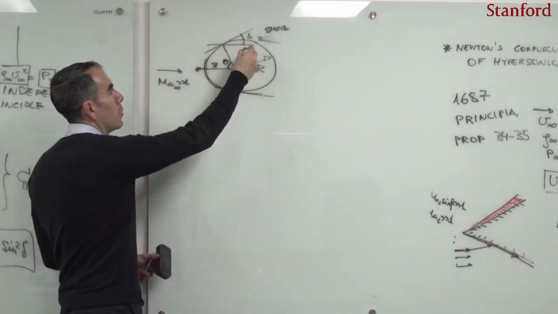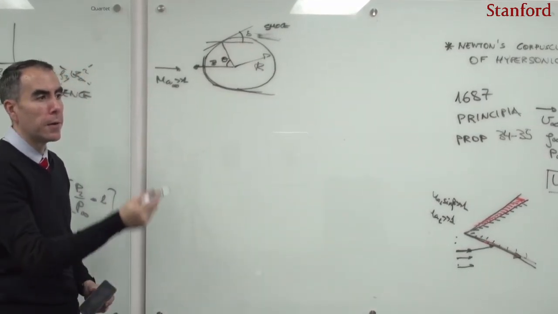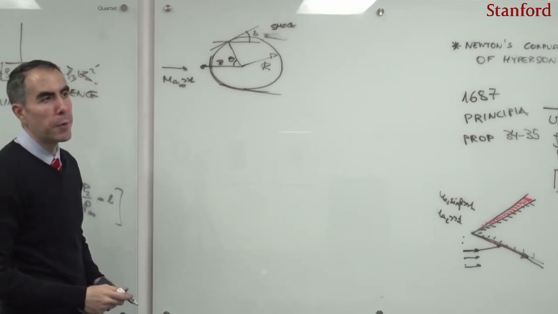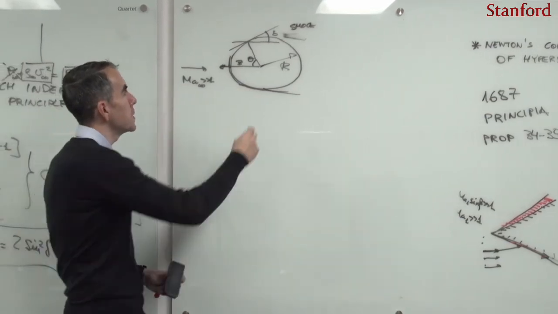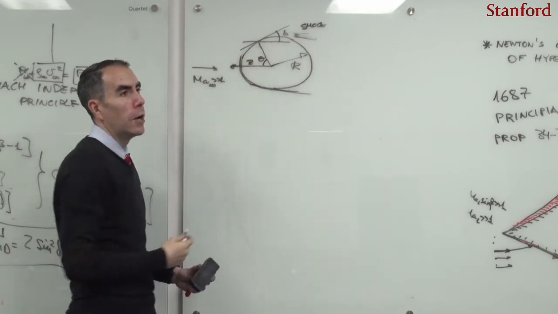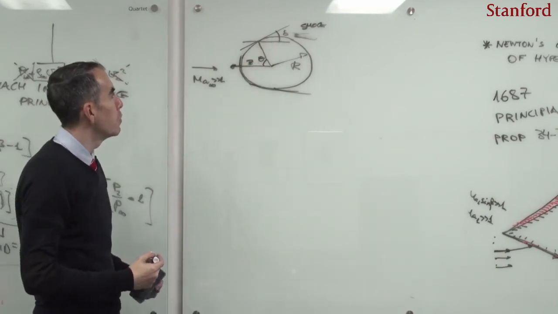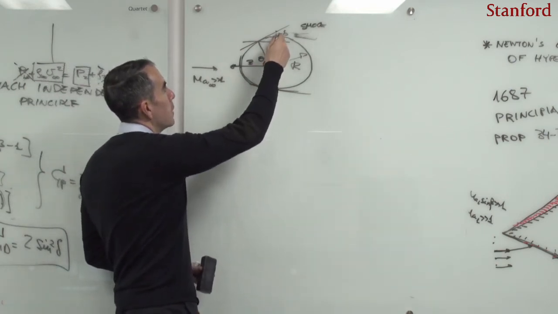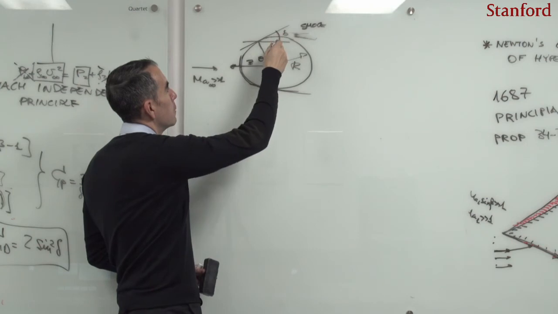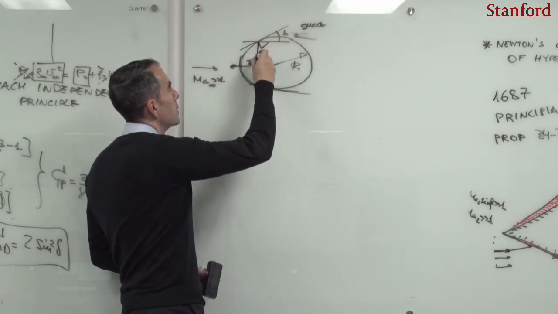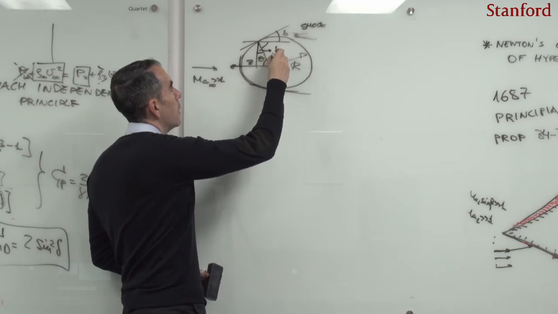Well, this angle, the local inclination angle, now the situation is different than the problem of the wedge and the cone, in the sense that this angle delta now depends on the position along the sphere. So that is going to make the problem a little bit harder. But here, for instance, I can see that if this angle is delta, then this angle is going to be 90 minus delta, and then this angle here is going to be again delta.